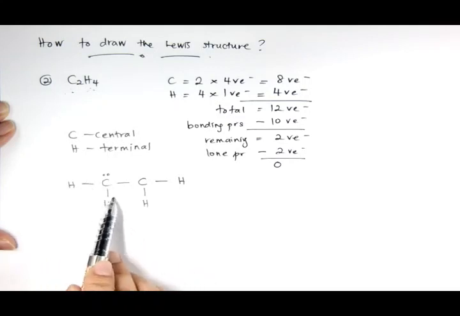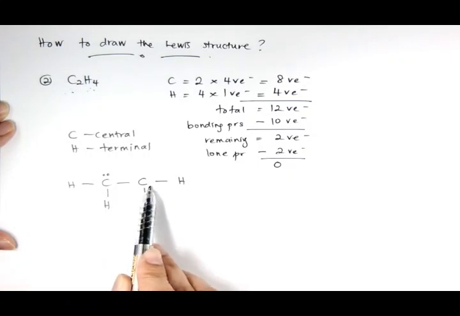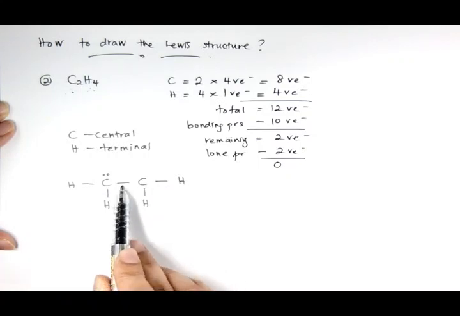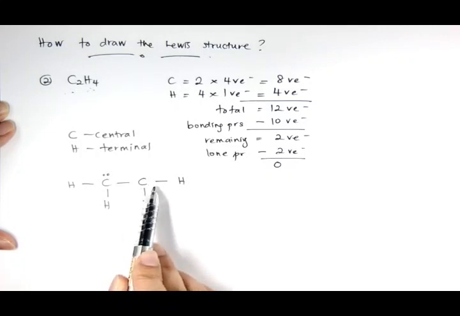So that gives a total number of valence electrons surrounding the first carbon atom of 8 electrons. So this satisfies the octet rule. For the second carbon atom, it has 3 bonding pairs that involve 6 valence electrons. So that shows the second carbon does not satisfy the octet rule.